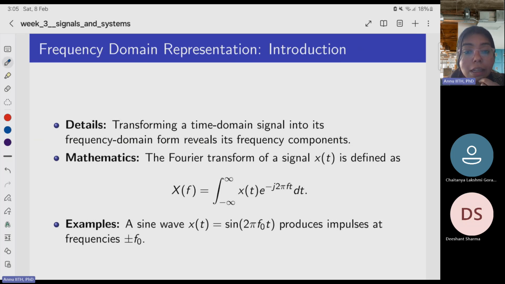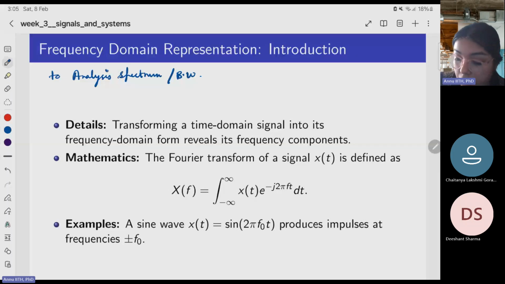So the answer is, in practice, in real signals and systems, we convert the time domain signal to the frequency domain to analyze the spectrum or bandwidth.